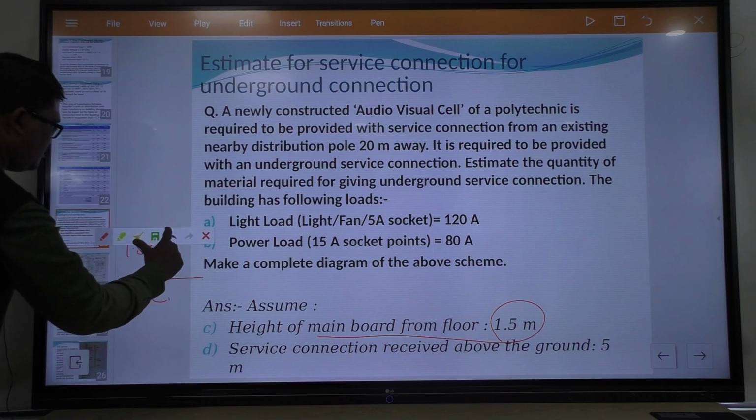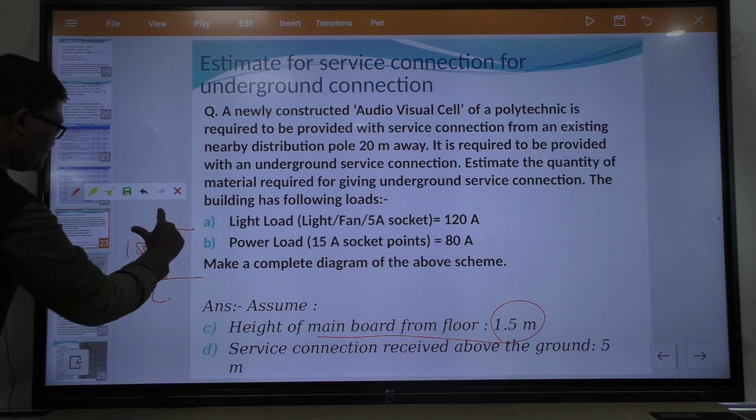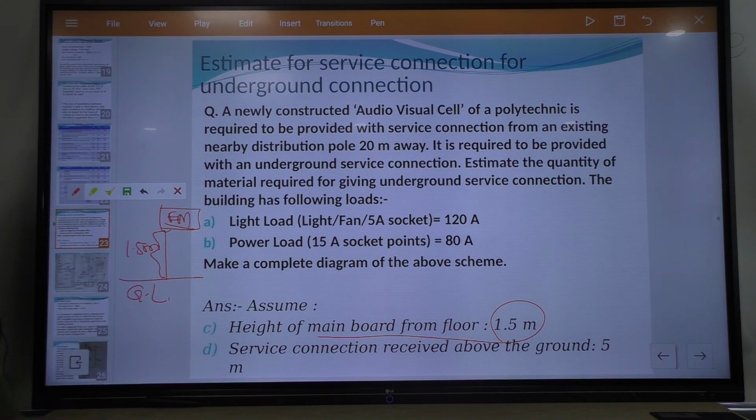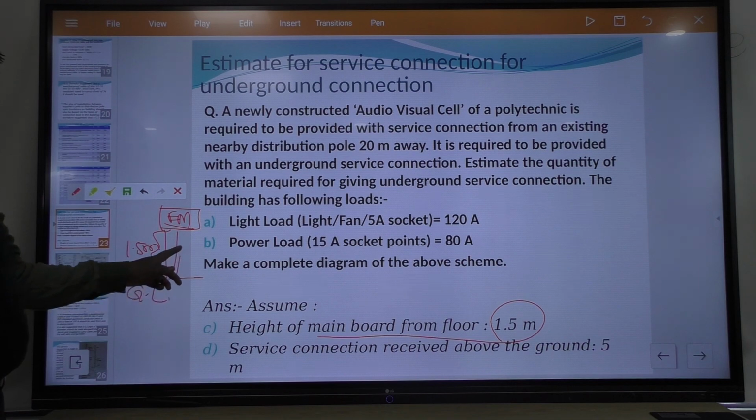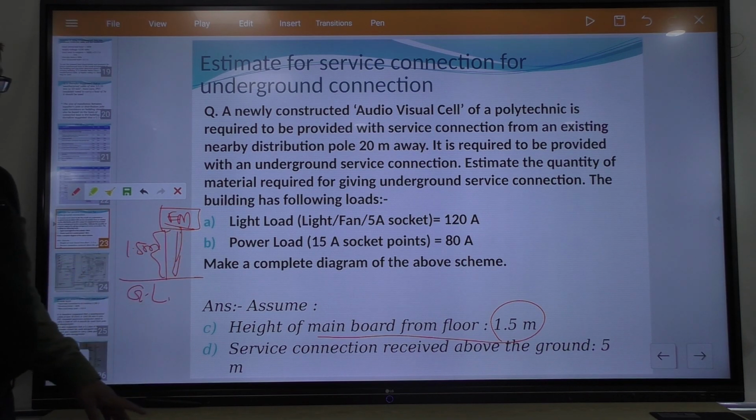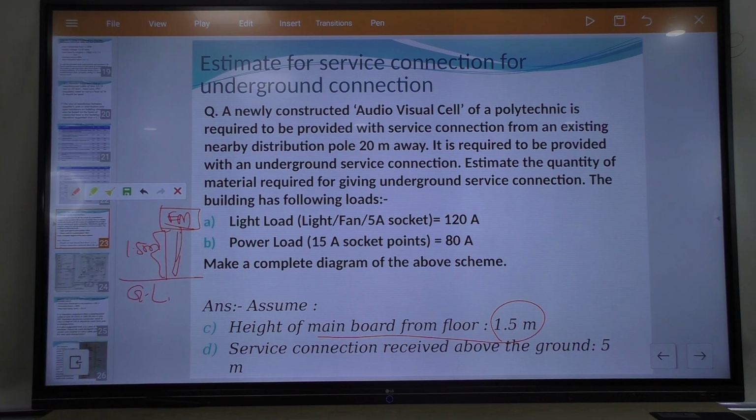So here will be the energy meter or meter board, 1.5 meter from the floor. So for underground, the minimum distance from ground for the meter board is 1.5 meter.